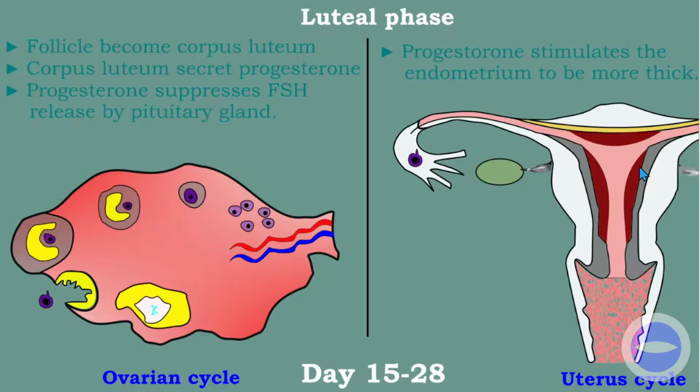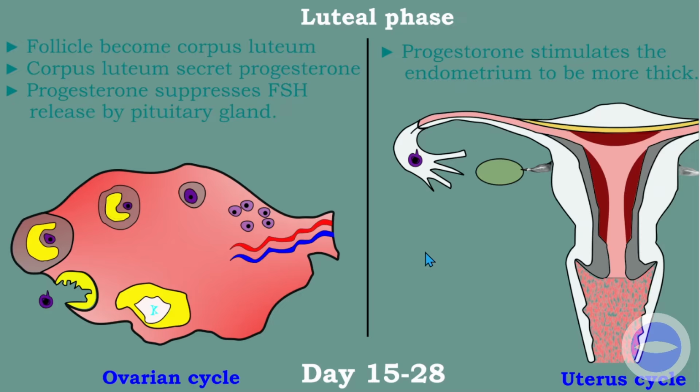You see, now this has become thicker, more glandular, and now it's ready for an egg. If it happens, it's ready for an egg to be implanted here. This is during the luteal phase, from day 15 to 28. The function of progesterone is to make this more glandular, thicker, and more vascular. And again, progesterone prevents the pituitary gland from releasing FSH.